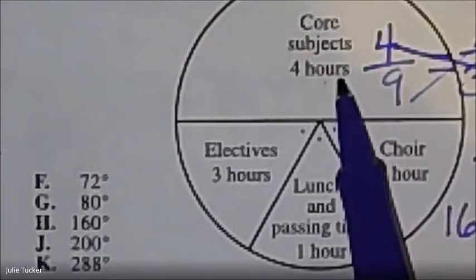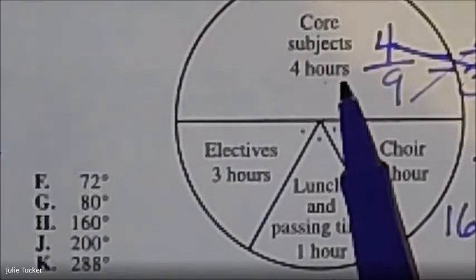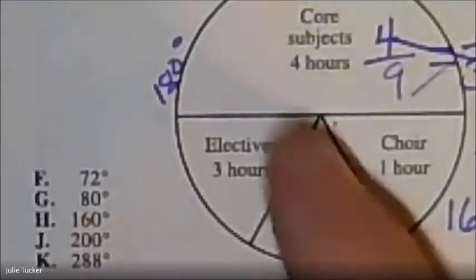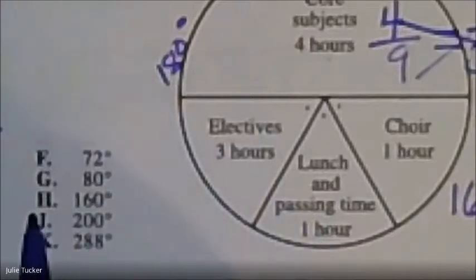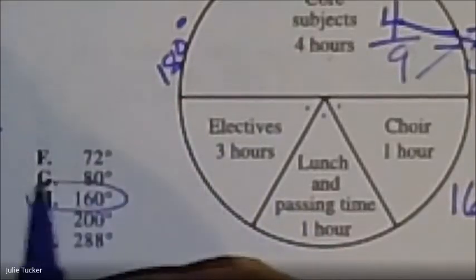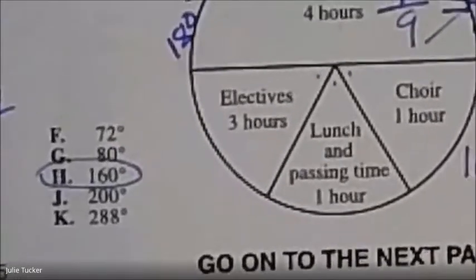Because 4.5 would have been half of 9 exactly. And so since half of a circle is 180 degrees, you know it needs to be a little bit less than 180. And the only number they have that's less than 180 but close is the 160. So they actually made the question easy to guess.